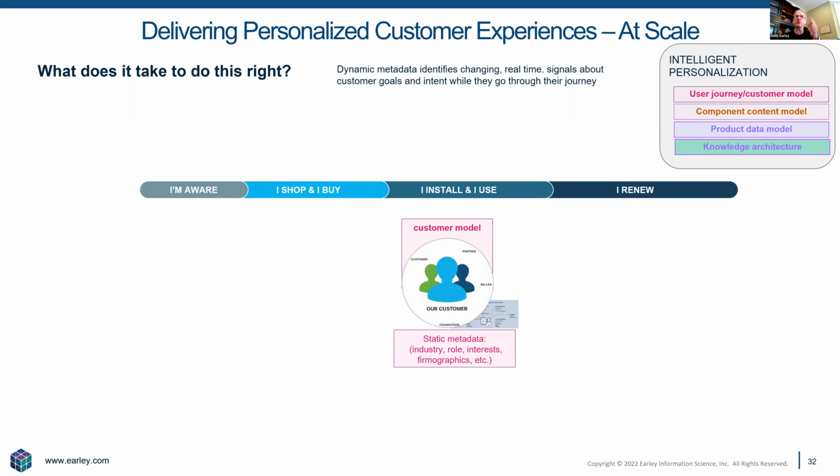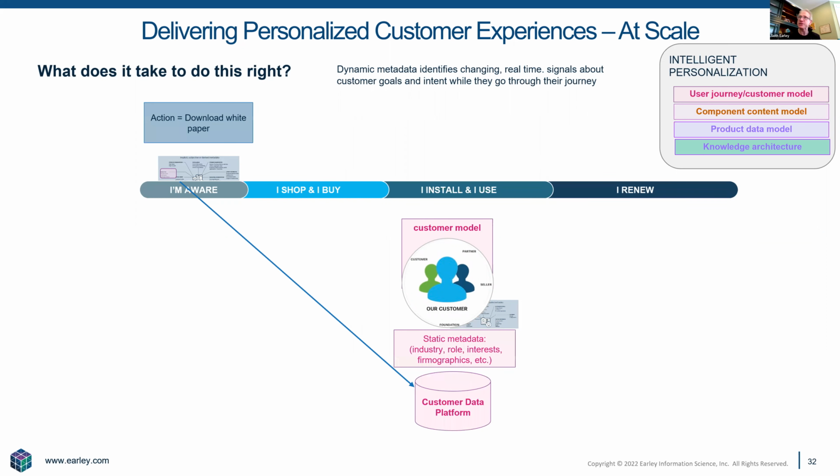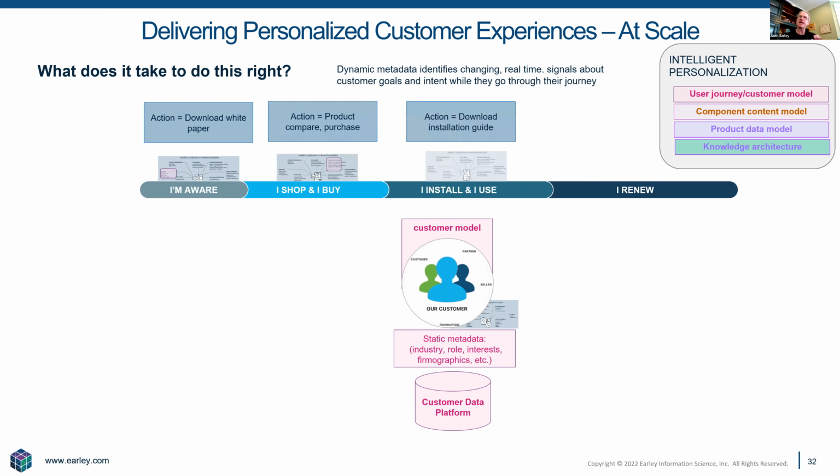But then as people go through their journey, they do change the metadata model. This is the fast moving metadata, right? It changes that model. This is where we use things like customer data platforms to sample that experience and to understand those signals as they do different things, as they compare products, as they download things, as they open email offers, as they click through the site.